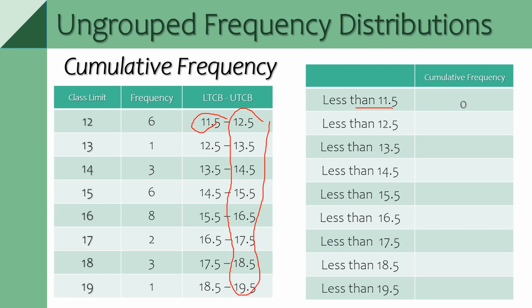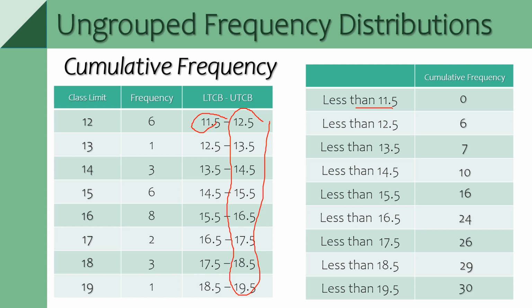So let's start with 0, and then 6. 6 plus 1 is 7. 7 plus 3 is 10. 10 plus 6 is 16. 16 plus 8 is 24. 24 plus 2 is 26. 26 plus 3 is 29. 29 plus 1 is 30.